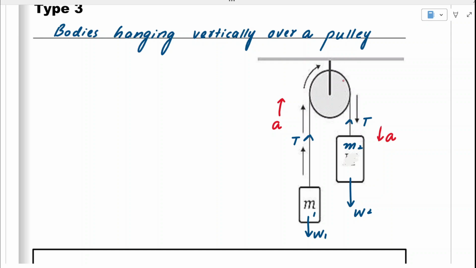The pulley is rotating clockwise. Let me call the object on the left as object A and the object on the right as object B. Both sides are now accelerating, so we have to write equations for both of them. Let me write the equation for A.